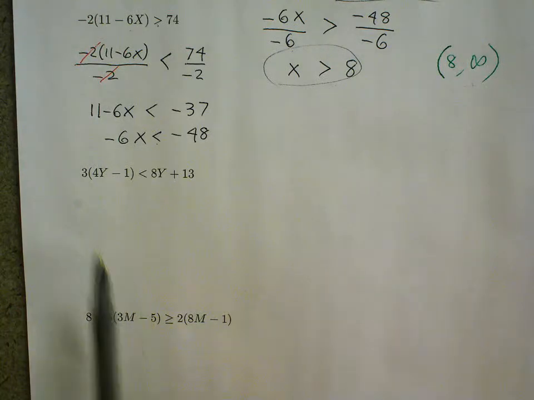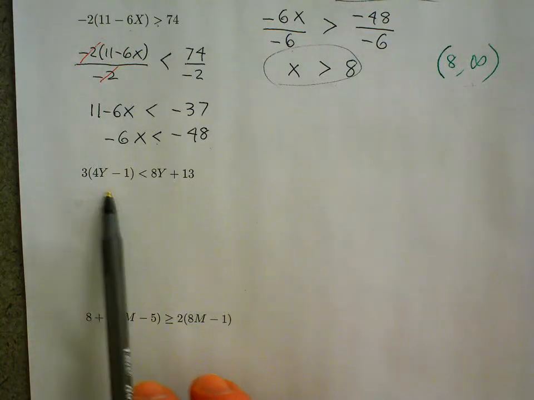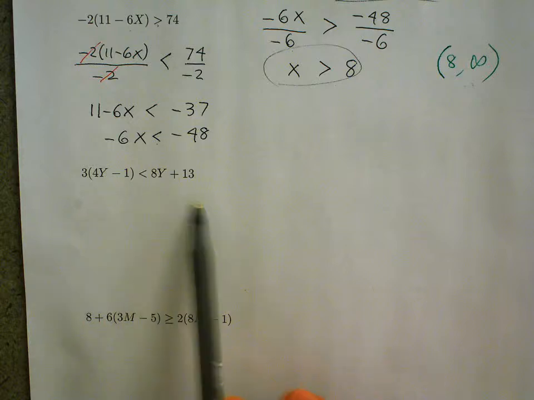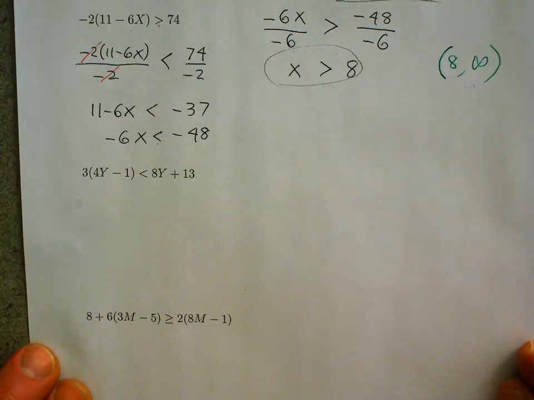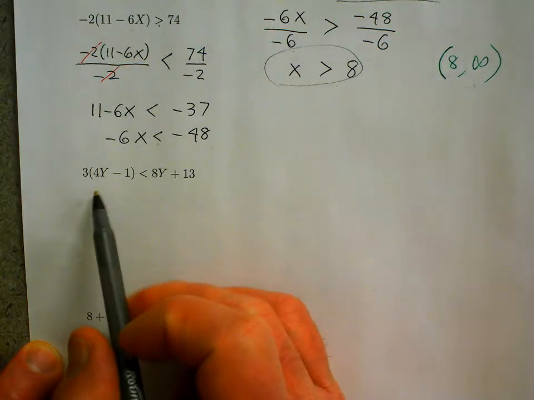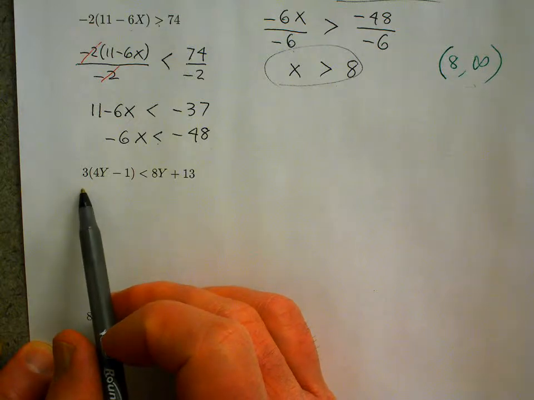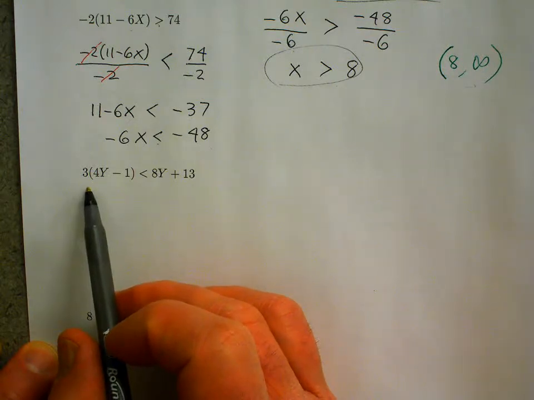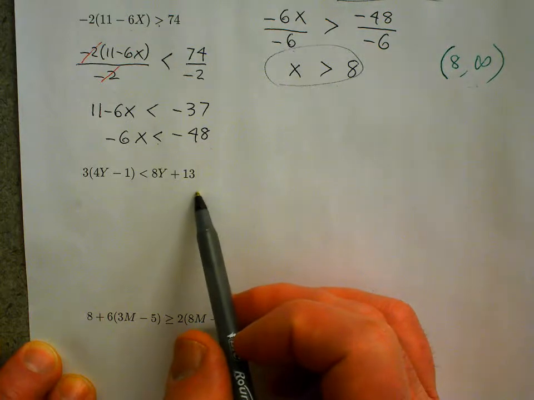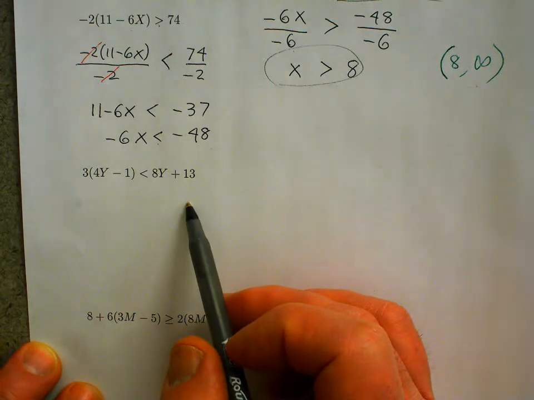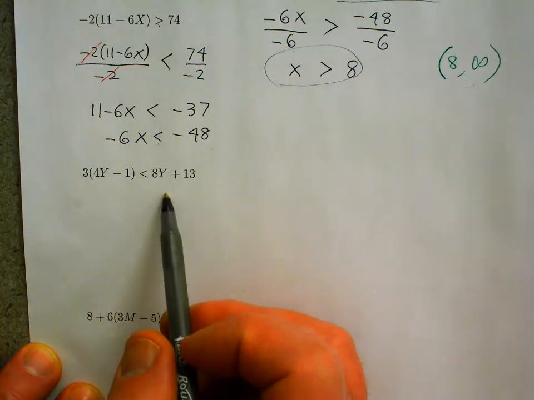This one, 3 times the quantity 4y minus 1 is less than 8y plus 13. Well, even though we could divide both sides of the equation by 3, it's not very convenient to do so because we introduce fractions if we do that.